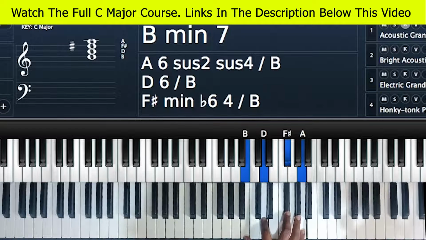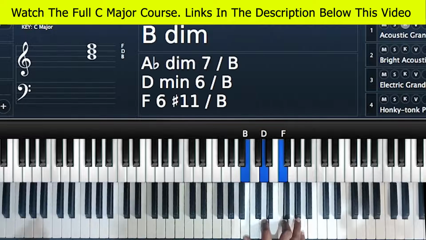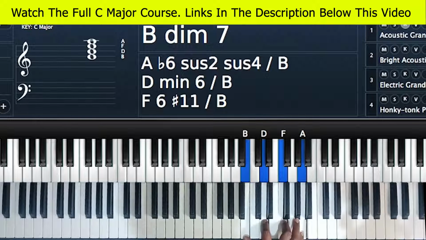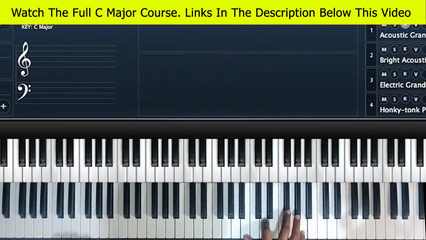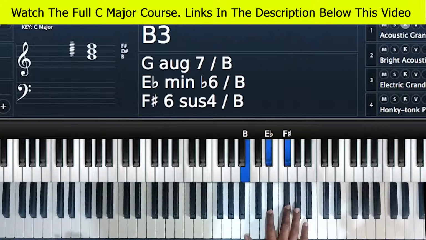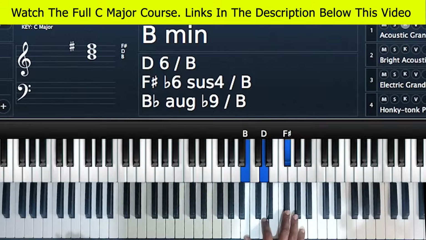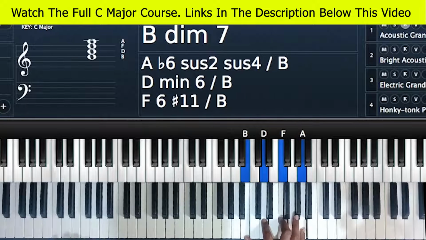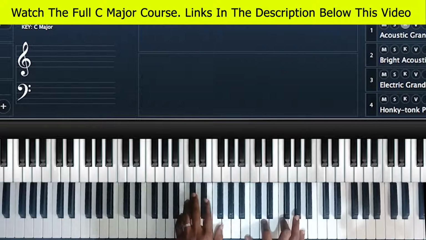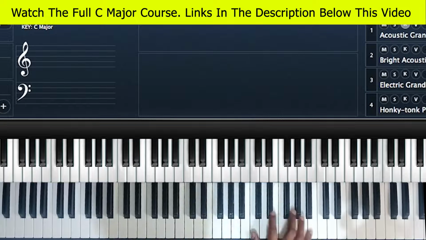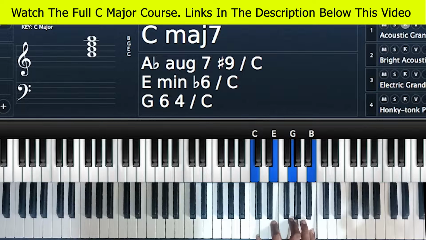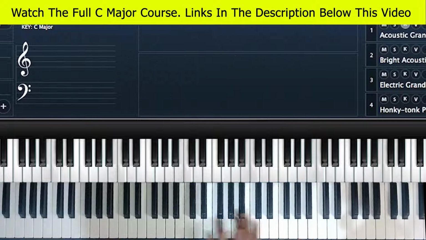Chord number 7 you can play as a B minor 7th flat 5, or a diminished 7th chord. Then back to chord number 1, which is C major 7th.